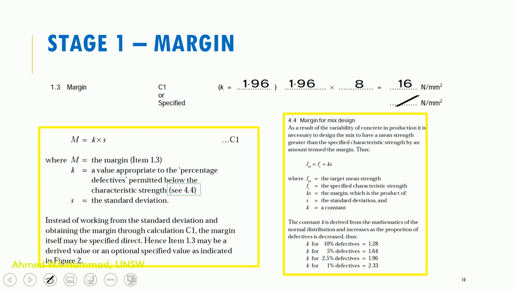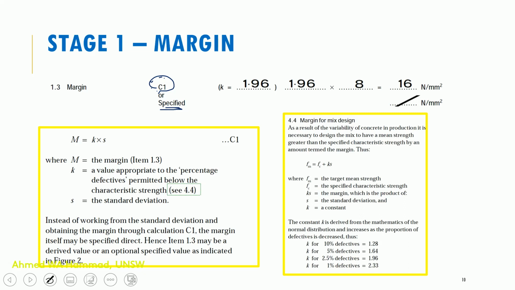Now, to do that, the reference specifies that we have to use equation C1, or the client would specify the margin for us. In the example that I'm demonstrating, the client did not specify the margin. So we have to compute it using equation C1.